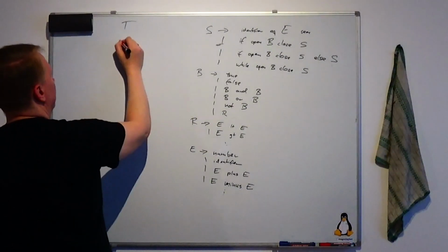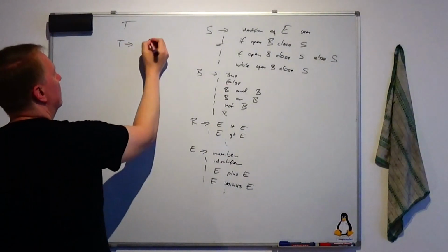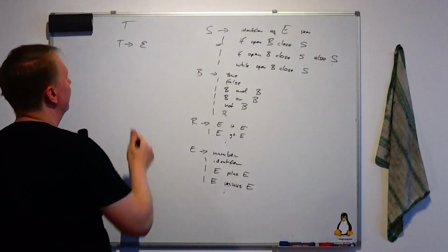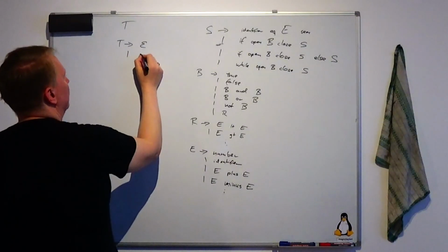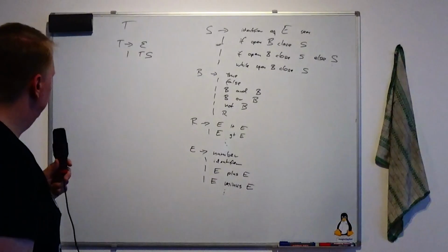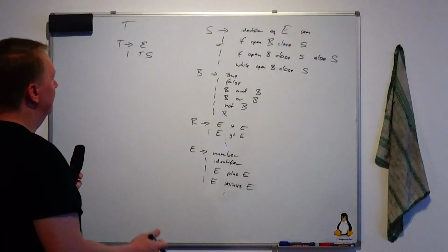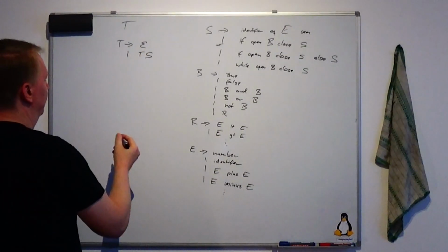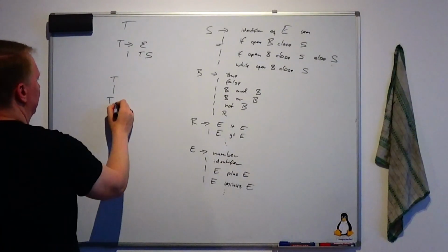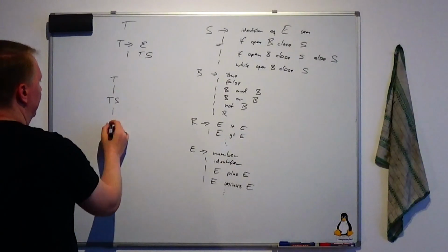So we would have something like T goes to either nothing, epsilon, or to TS. Okay, so and with that you can just start with a T, and from there just generate any number of S's.